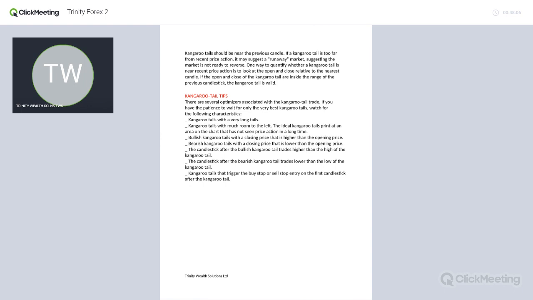Then you also look for bullish kangaroo tails with a closing price that is higher than the opening price. What it means, if it's a bullish kangaroo tail, is not just that it has a tail at the bottom. The body also closes as a bullish candlestick, and it's confirmed when the closing price is slightly above the opening price.